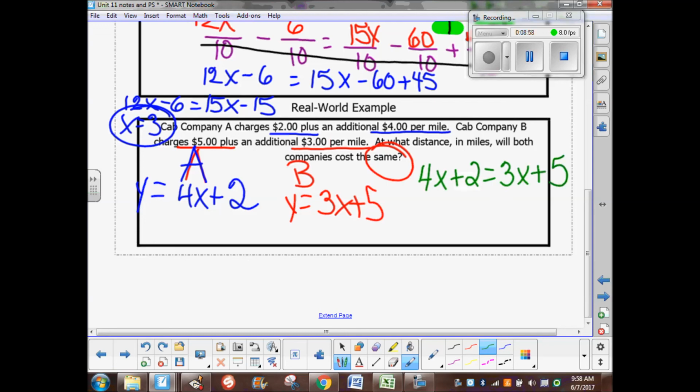Yep. I'm going to collect my variables on one side and my constants on the other. X equals 3. 3 what? What's the units here? Miles. That's when the two companies will be the same.